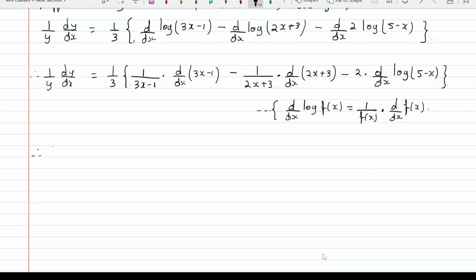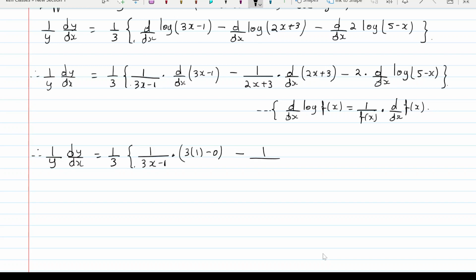And so therefore 1 upon y into dy by dx is equal to 1 upon 3 into 1 upon 3x minus 1, and d by dx of 3x minus 1 is 3 into 1 minus 0, correct?